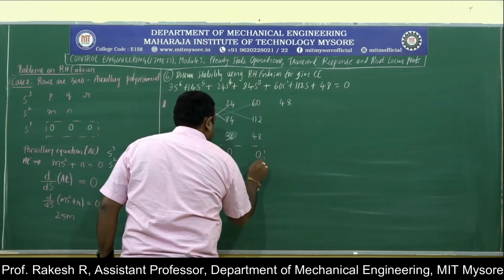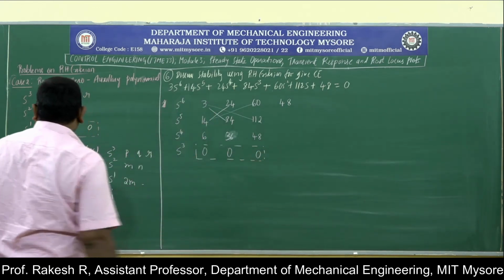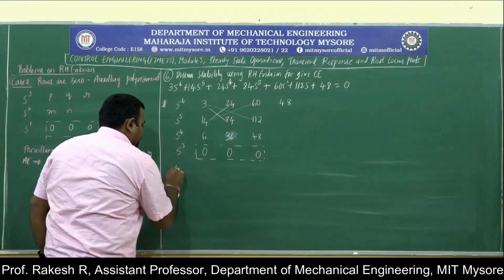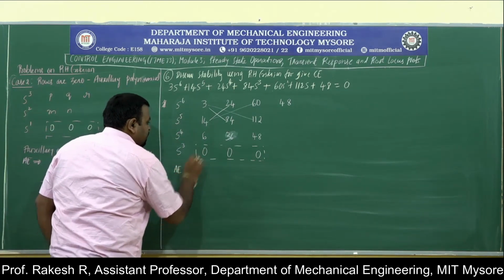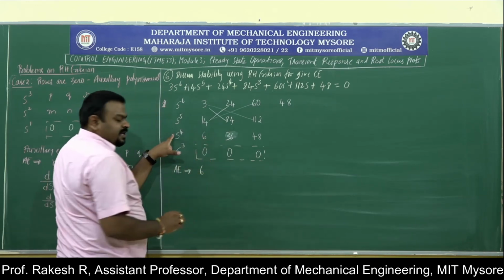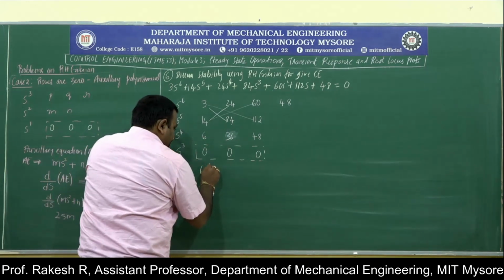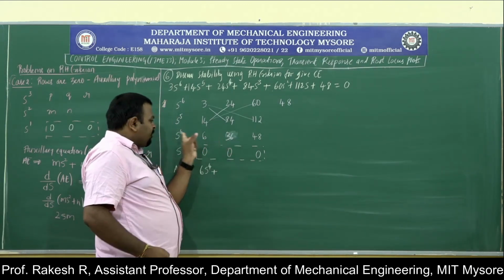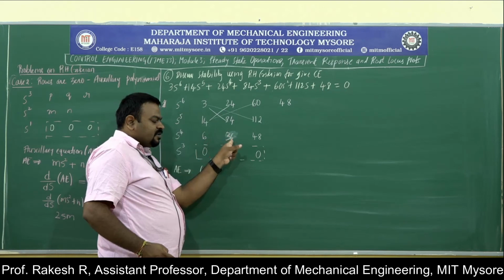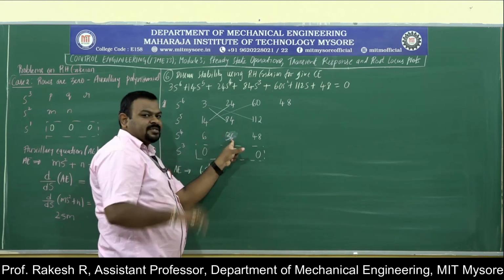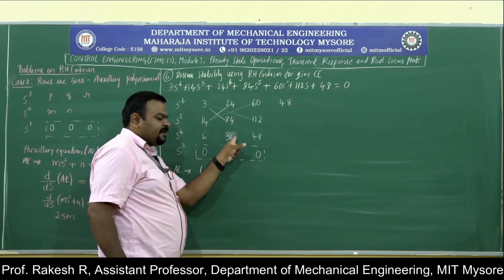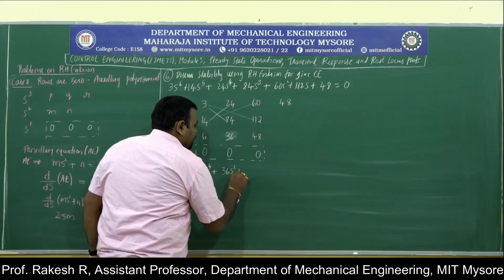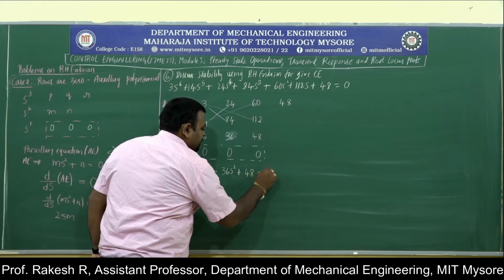So what to do for this? You take an auxiliary equation, which is defined in the previous case. So the auxiliary equation is this one: 6s to the power of 4, then the coefficient of the next decreasing s term, 36s squared, plus the constant 48 equals 0.